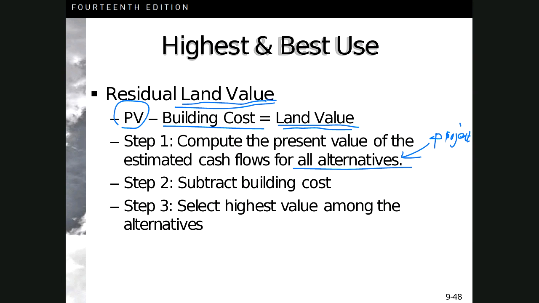And then you pick out the highest one, okay? Actually, in this process, you are going to subtract the building cost, of course, because building costs are different for each one of them. And then you're going to select the highest value among the alternatives.